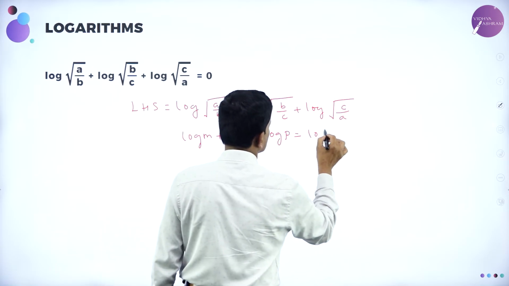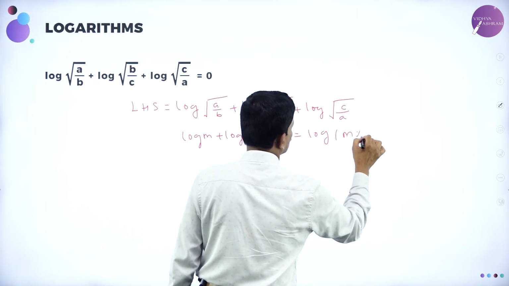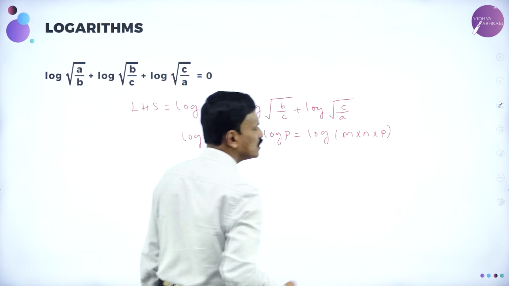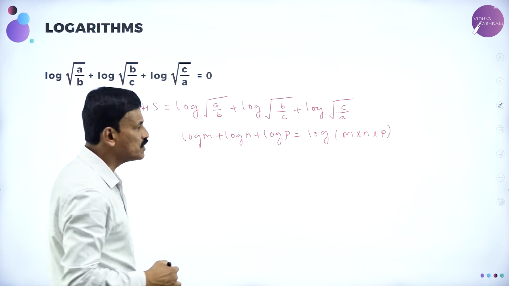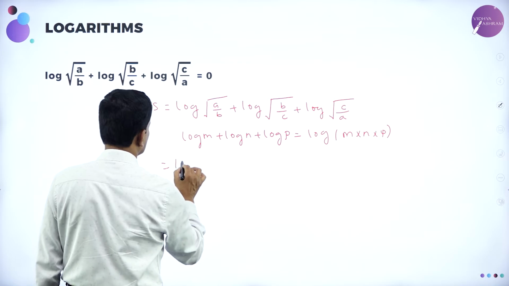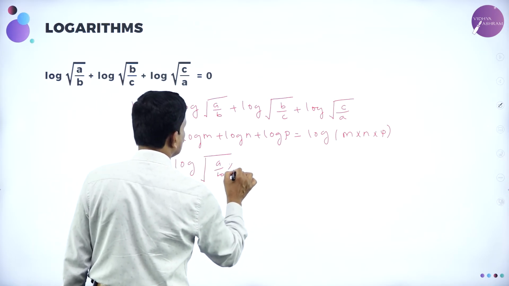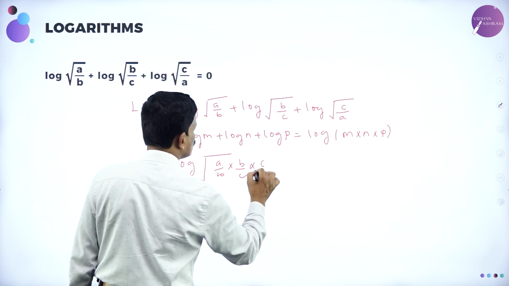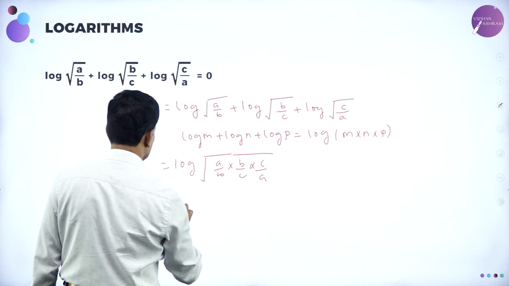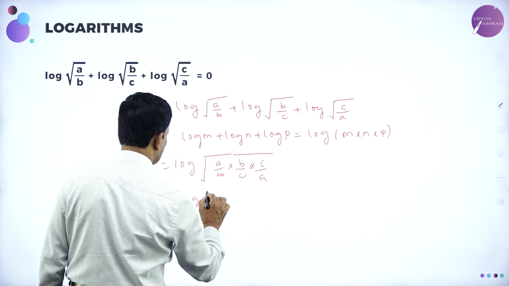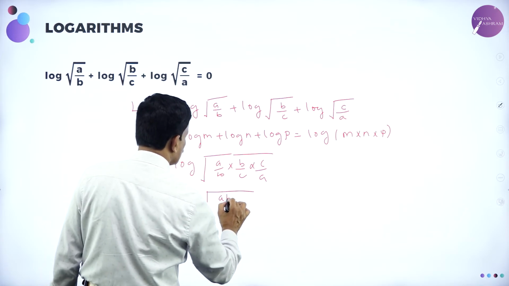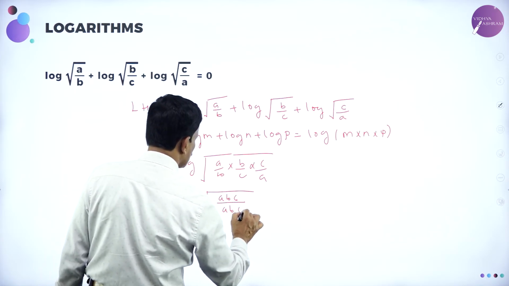This can be written as logarithm of m into n into p. So, this can be written as logarithm of root of a by b into b by c into c by a. This is equal to logarithm of root of ABC divided by ABC.